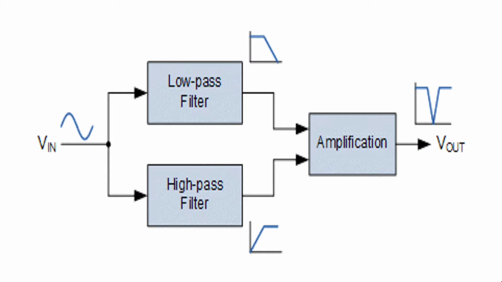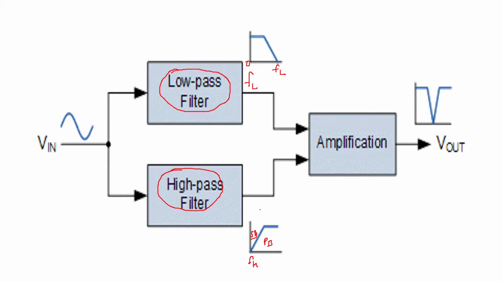So here the high pass filter and low pass filter are connected in parallel. Here you have your low pass filter, which has a cutoff frequency FL, say 0 to FL. This is the low pass filter. And then this is your high pass filter, which has a cutoff frequency from FH onwards, and this will be a pass band.